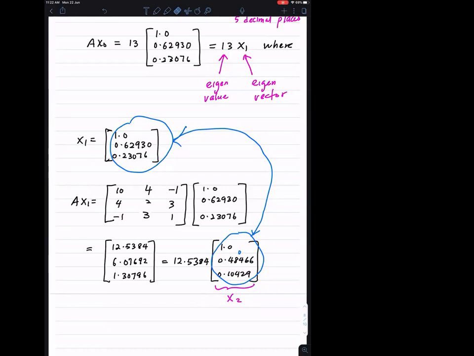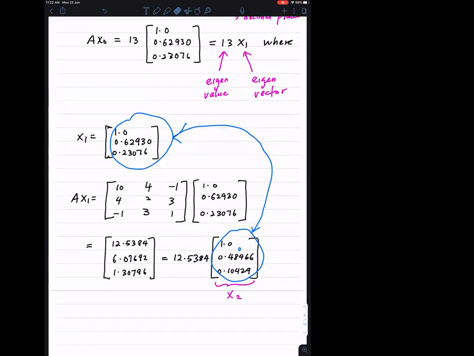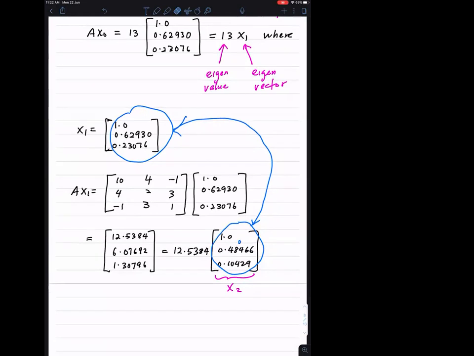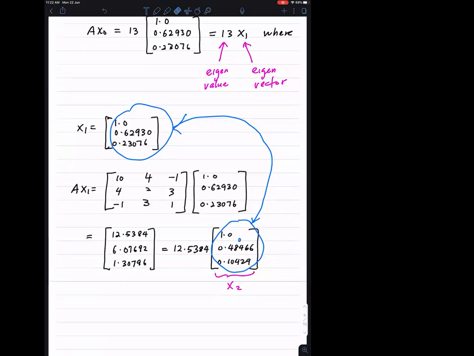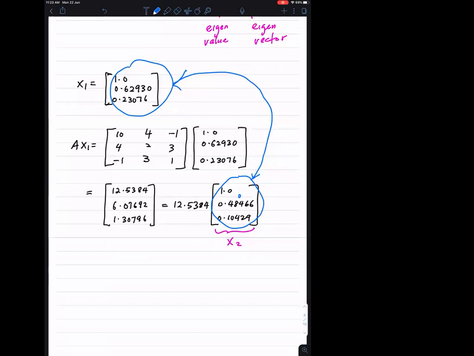So they are not the same. So you have to continue the iteration until they are not changing anymore.